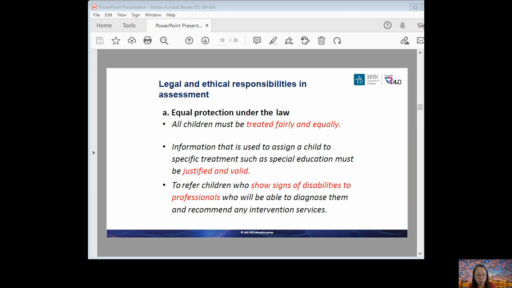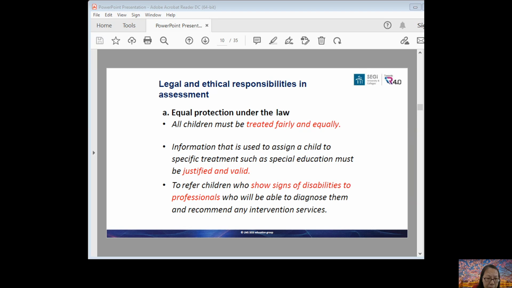Don't just because the child doesn't know one small thing think, I think this child has special needs. No, it's not like that. We have to seriously and diligently look into it to see whether this child really has a special need or not. When you say that the child has a special need, you must be able to justify why you say so.